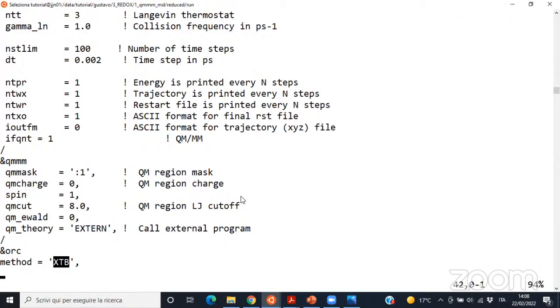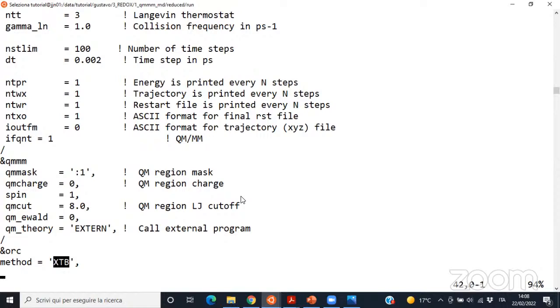Yes. If, for example, we want to study the non-covalent interactions between our solute molecule and the first solvation shell or second one, and so on.